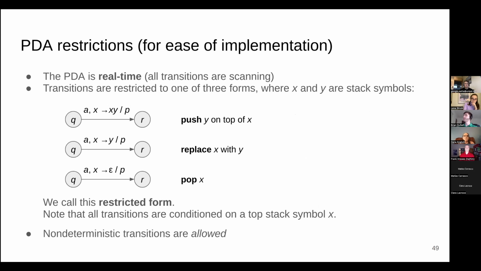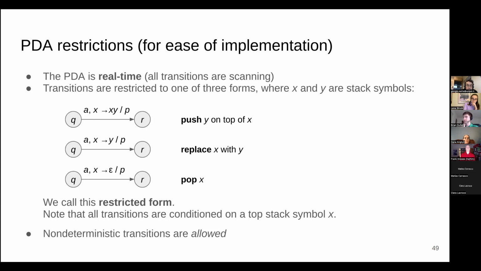Now, I need to discuss some extra restrictions that we place on our PDAs. The reason we do this is to make our lives a lot easier in implementation down the road. The first restriction is that the PDA is always real time, which means that all transitions are scanning. The second restriction is that transitions are always restricted to one of three forms, where X and Y are stack symbols.